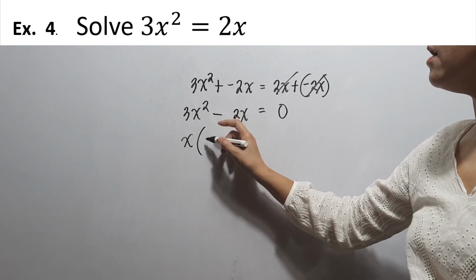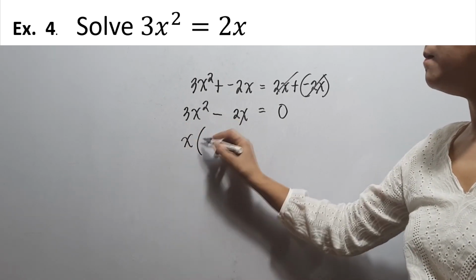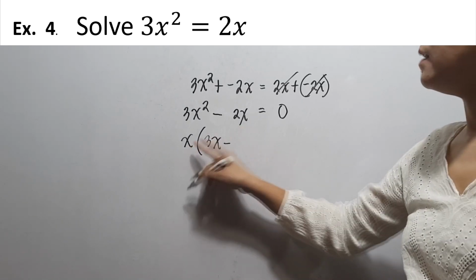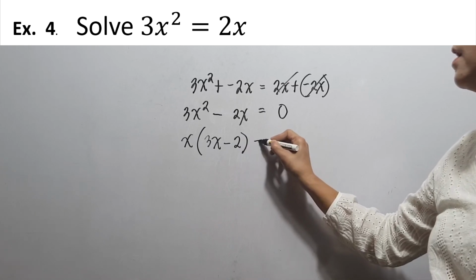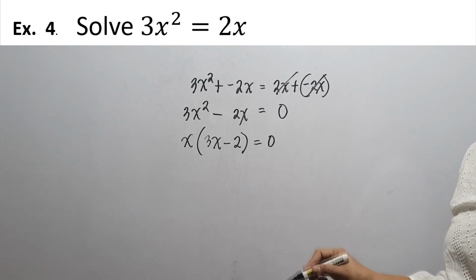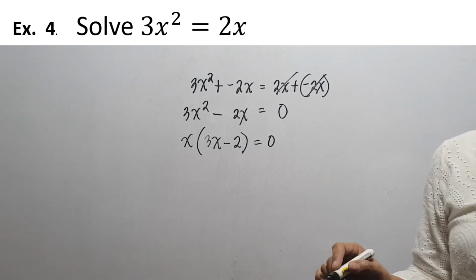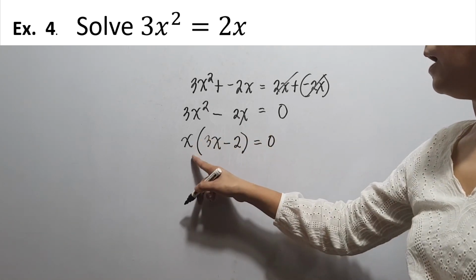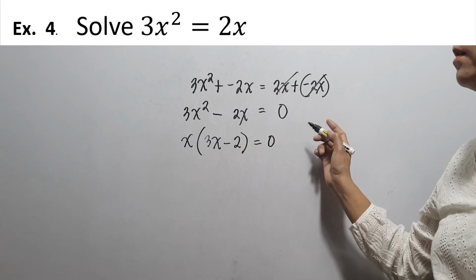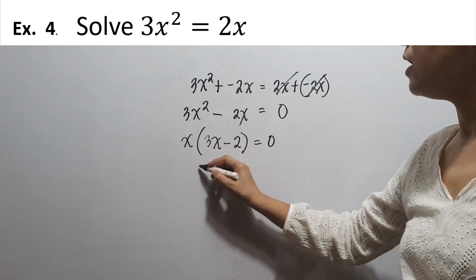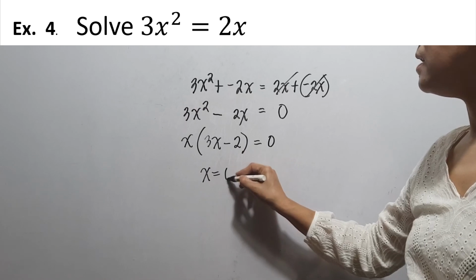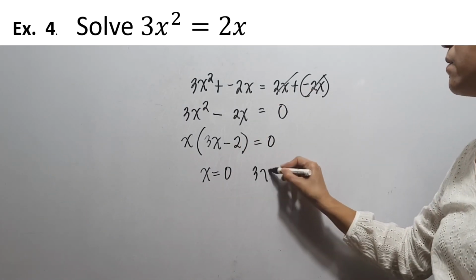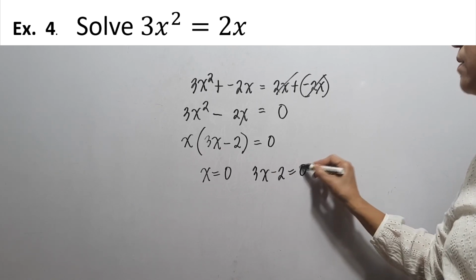So, we have here 3x squared divided by x is 3x, minus 2x divided by x is 2, equals 0. Applying the zero property, AB is equal to 0 if A equals 0 or B equals 0. So therefore, x equals 0, and 3x minus 2 equals 0.